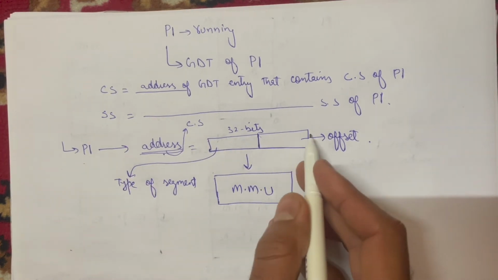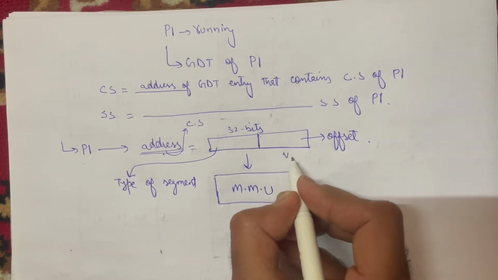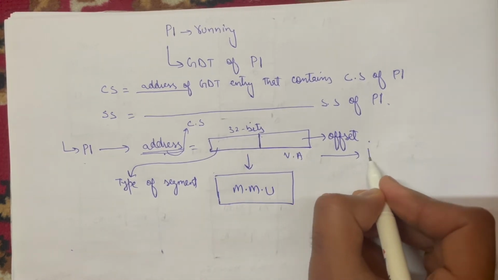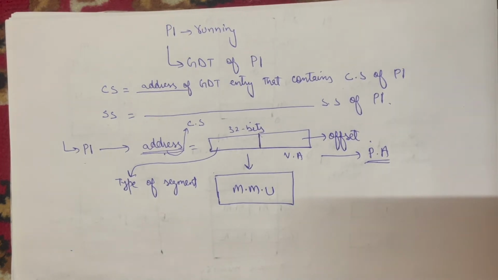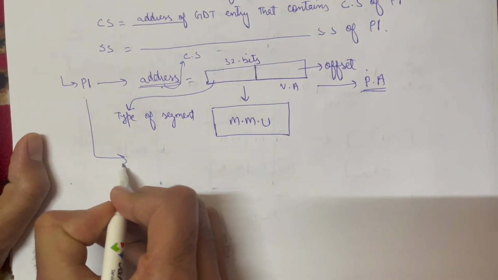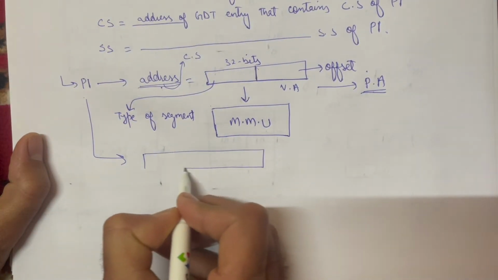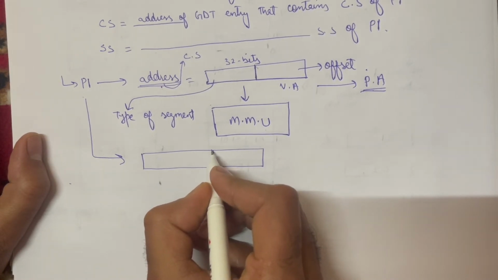So basically we have to convert this particular address, which is a virtual address, into a physical address. Physical address means the address of the main memory. So my P1 is generating an address like this, and my memory management unit is dividing it into two parts.